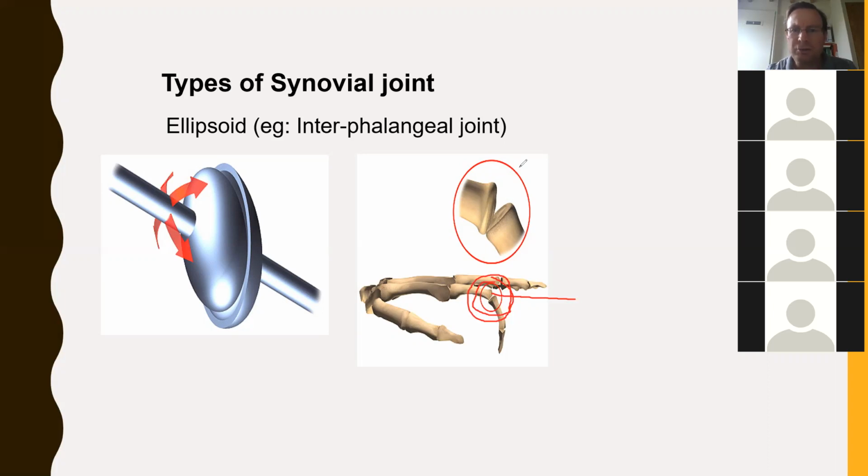The ellipsoid joint we find between our fingers, or between our phalanges, and it allows that one bone to almost glide round. So we can get a lot of movement out of that finger because it's gliding around it. One side has a ball shape and the other, it's not quite a socket, but it allows it to slide around.